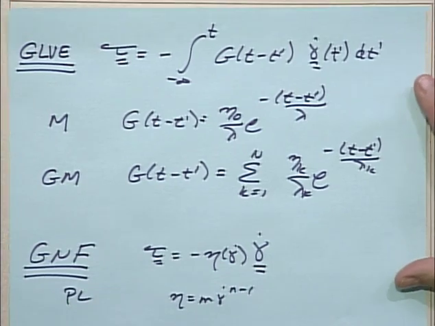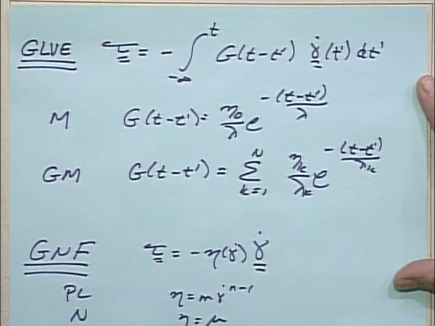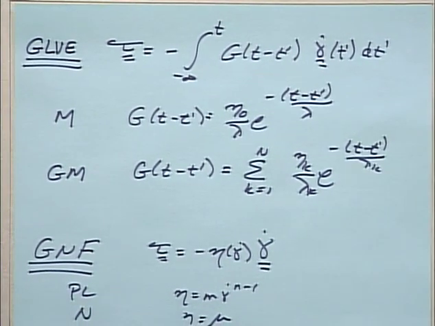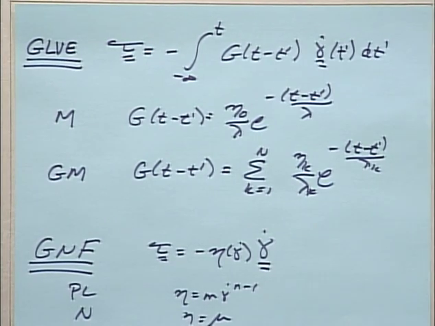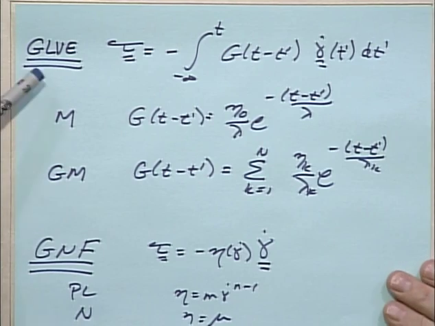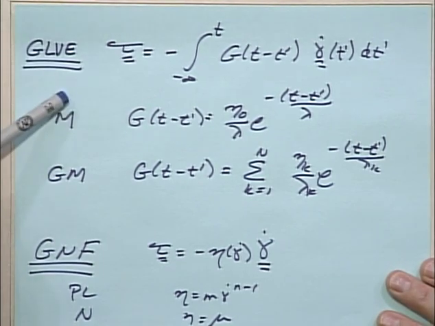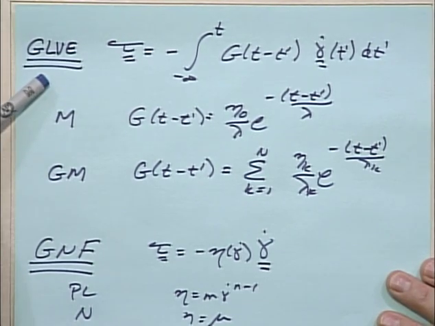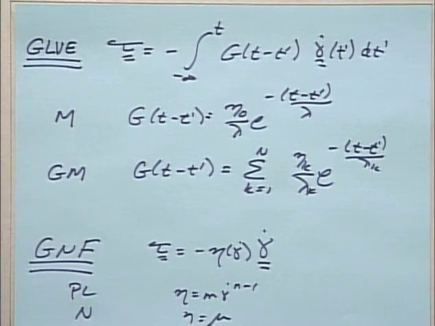And if I specify eta equals mu, then it's the Newtonian. And if I specify the Carreau-Yasuda equation or the Cross equation or any of the other complicated ones that we have a list of, we can get a whole bunch of different constitutive equations. So we're going to talk about the linear viscoelastic models mostly in terms of this general form, which we need to understand encompasses these two specific forms just as well.